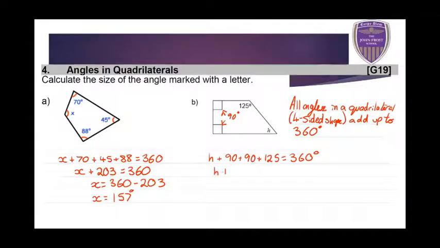So H plus, well, 90 plus 90 is 180, plus 125, that would give you 305. Okay, and that is equal to 360. Rearrange this so H is on its own. So H equals 360, take away 305. H is equal to 55 degrees.